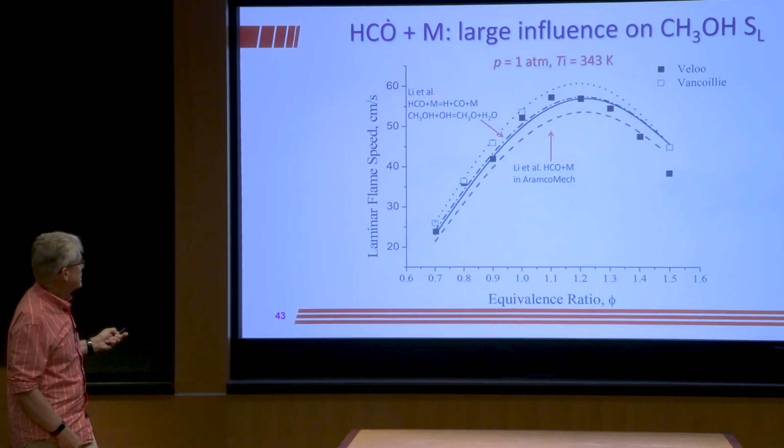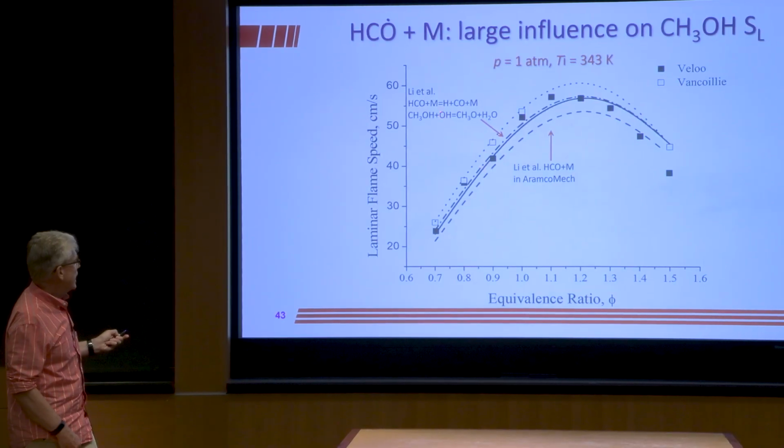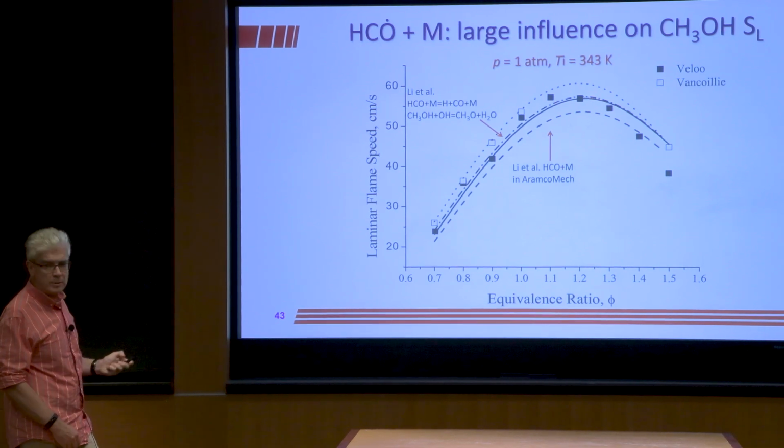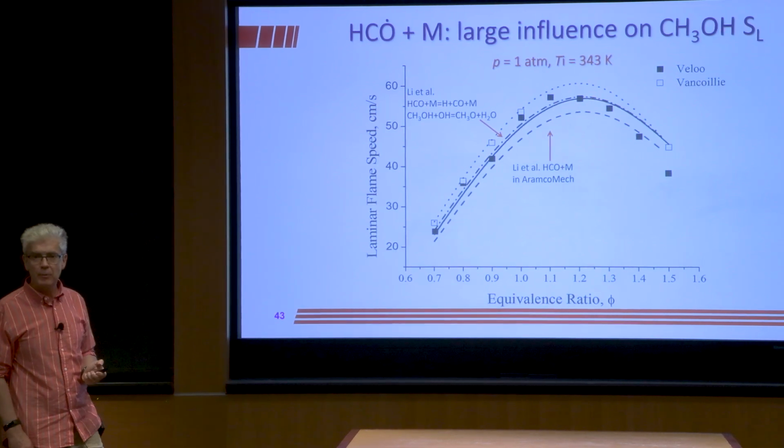So if you then take the Lee et al. rate constants and we include the HCO plus M giving H plus CO plus M as we did here, okay? And we take the CH3OH plus OH giving the methoxy plus H2O rate constant, it actually almost matches perfectly with the Aramco-Mech mechanism, right?